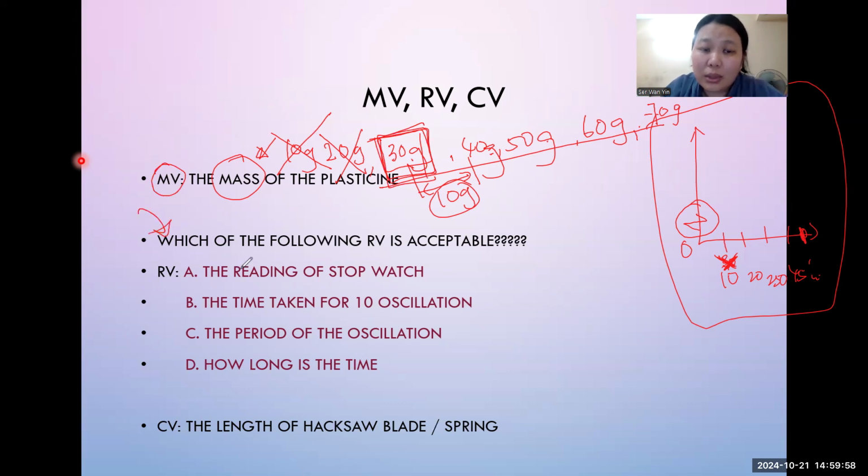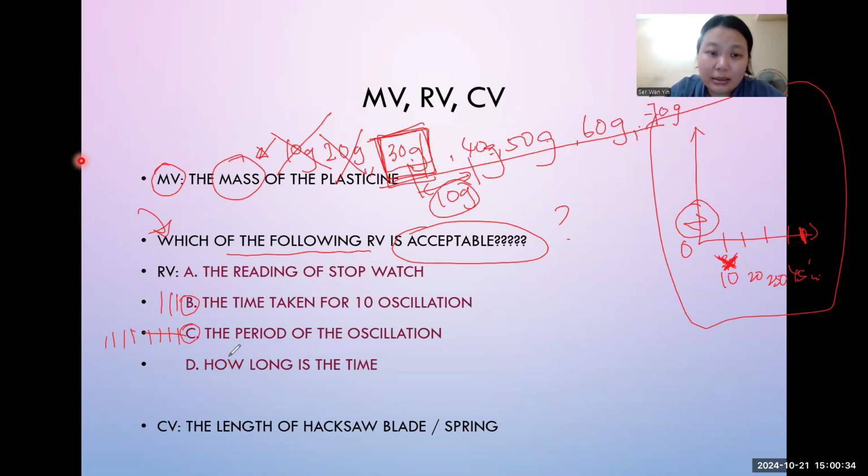So next, which of the following RV is acceptable? Like A, B, C, D. Type your answer fast. Okay, now we have C, B, C, C, C. B and C only, very good.